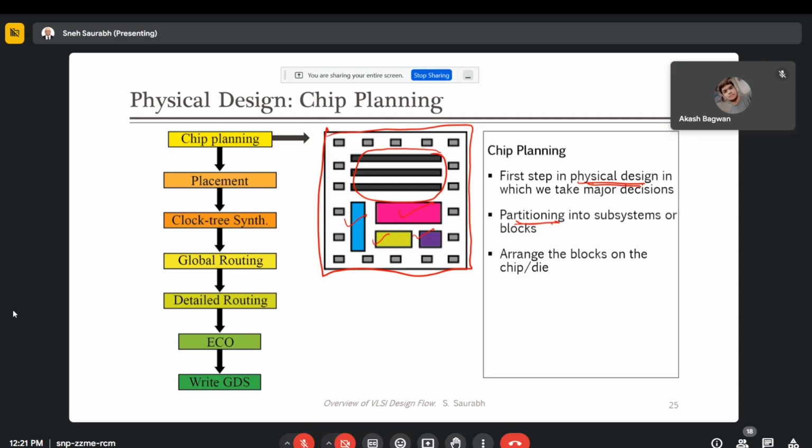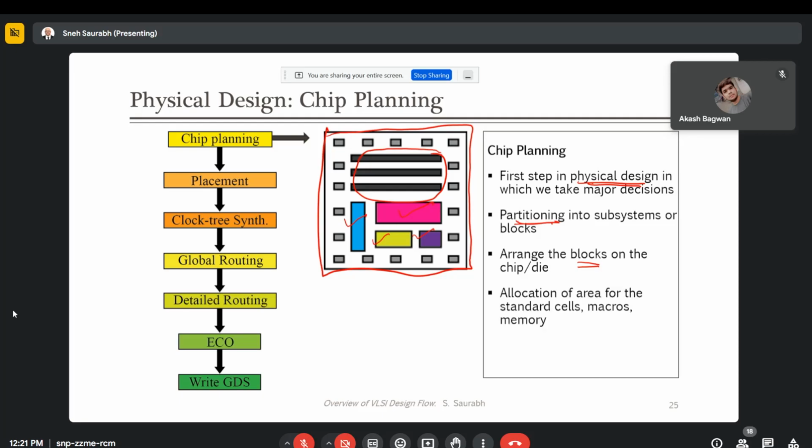So during the chip planning stage, a lot of manual intervention is done to arrange the blocks over the die. These are bigger entities, big blocks, maybe a memory controller, maybe multiple cores. So those big blocks are placed over the die.